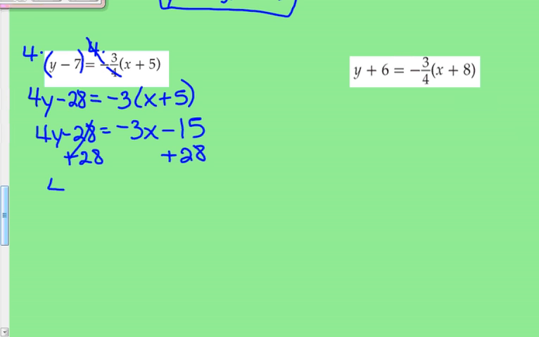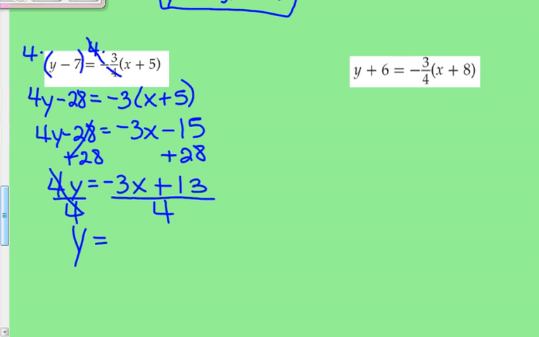And I'll be left with 4y equals negative 3x plus 13. Now I have to get rid of my 4. You divide both sides by 4 because remember, we're going to slope-intercept form, so we're getting y alone. Now I've got my y alone.